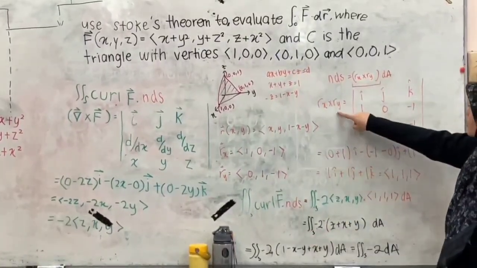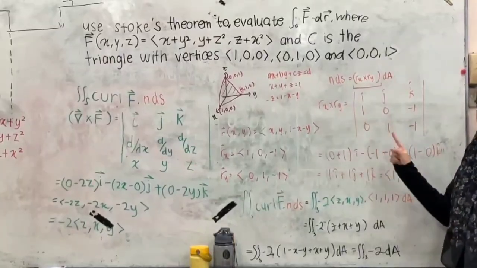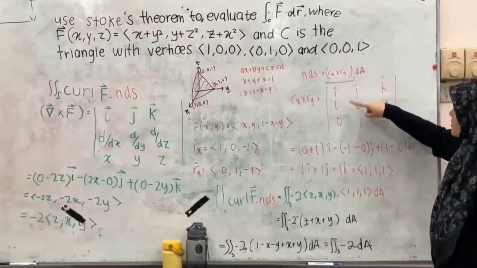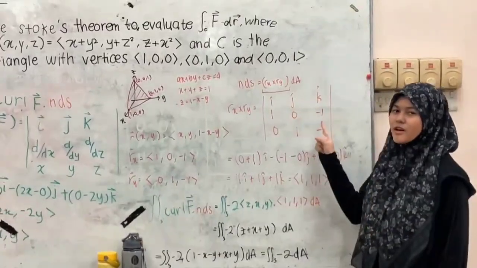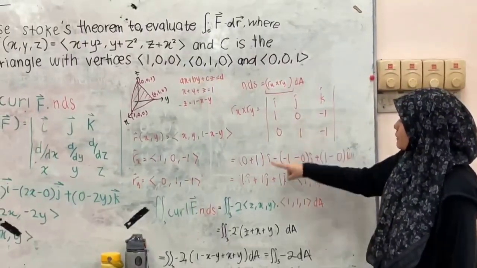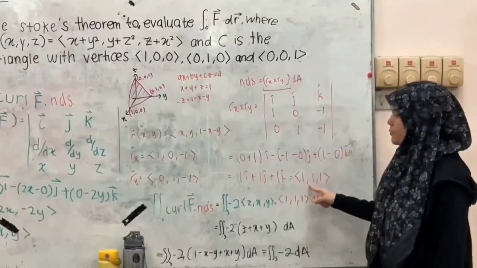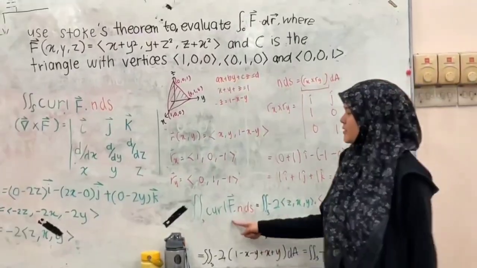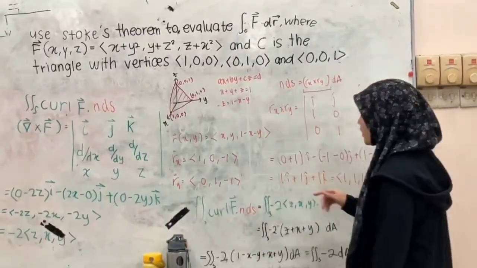So we will find rx cross ry. From here we insert the values for rx and ry. This is rx and this is ry. Then we will get 1, 1, 1. Then we combine the values of these two.